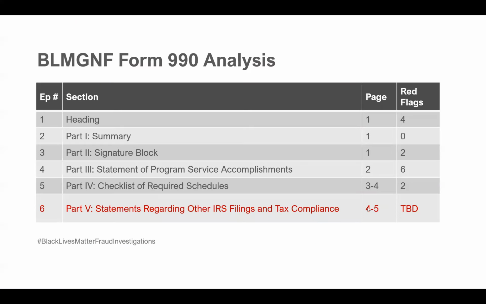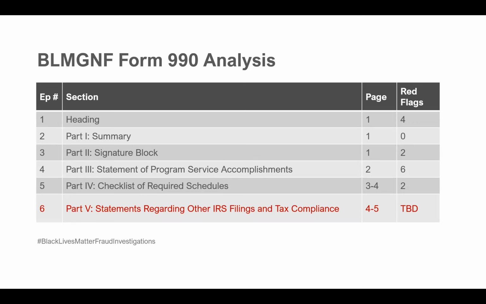So now I am showing you back to the chart, and we have finished talking about episode number 6, which is part 5, statements regarding other IRS filings and tax compliance, covering the bottom of page 4 and all of page 5. And I identified 5 red flags in that particular part.